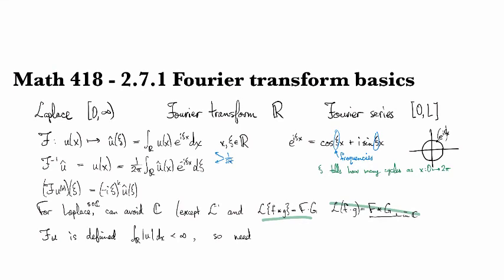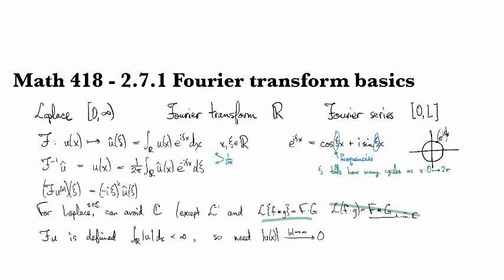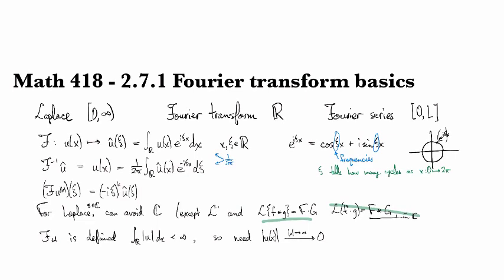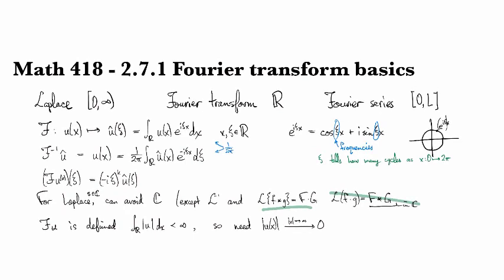In order for the integral not to blow up, the integrand needs to go to 0 as x goes to positive or negative infinity, and it has to go to 0 sufficiently quickly that the integral actually converges. There are lots of functions with fat tails that tend to 0, but not fast enough for the integral to converge, for instance 1 over x.